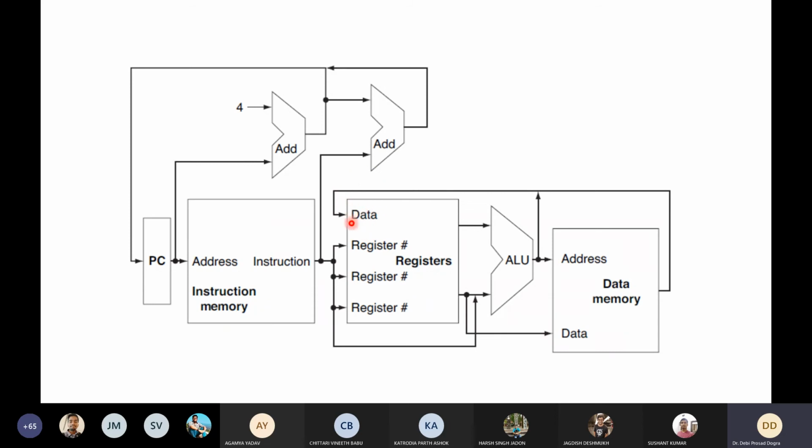So this data, you are getting it either from memory or some arithmetic result. Whereas this data is basically transferred from a register to the memory. Is that clear now? Yes, sir.